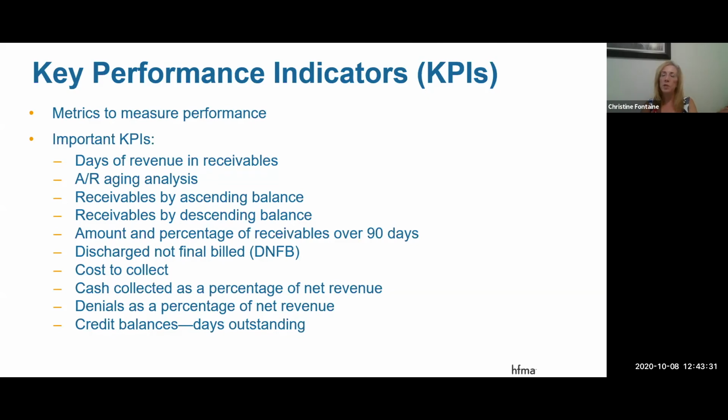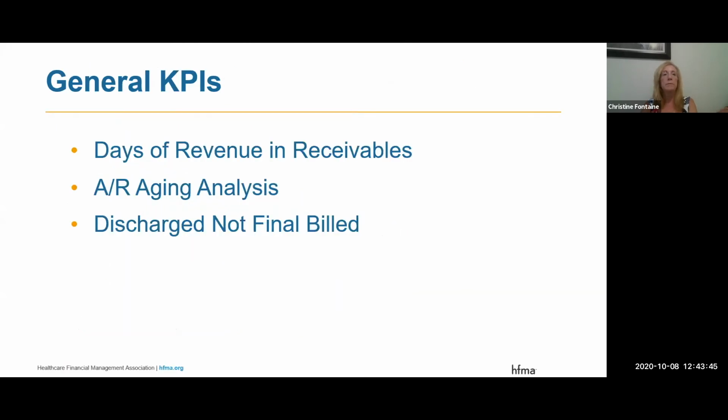It's important that benchmarks be agreed upon and consistently calculated. Internal benchmarking and trending of critical KPIs are just as valuable as trending against the so-called national indicators, which are important too, okay? Days of revenue in receivables, also known as AR days.